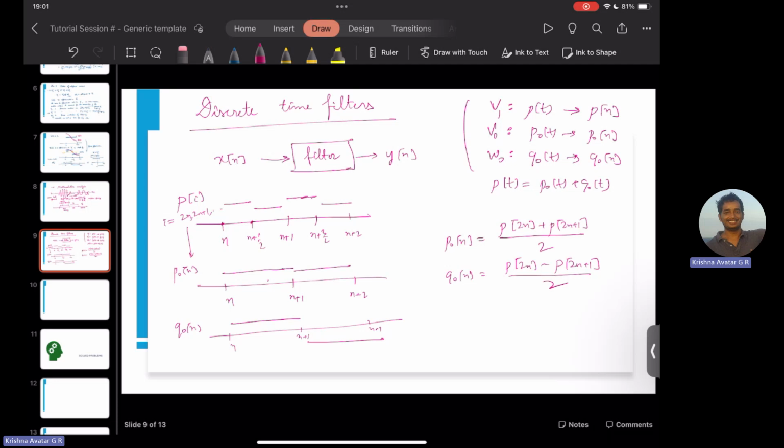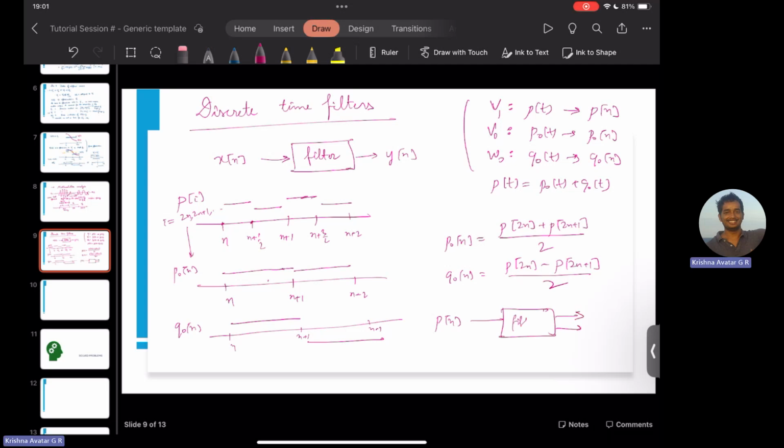So when you pass the signal through a filter, it will pass through it so as to give us two outputs. So say P is passing through this filter. This filter does two operations.